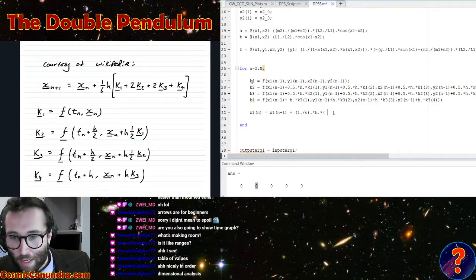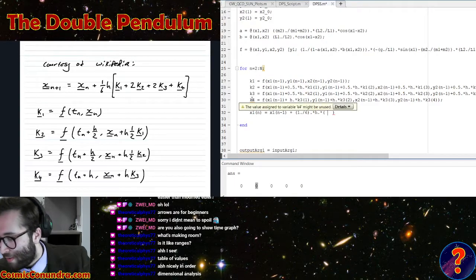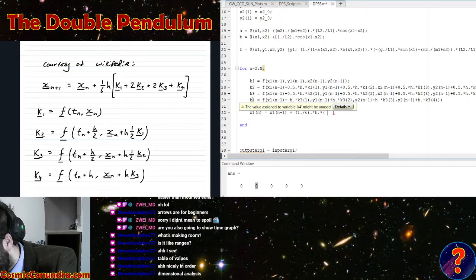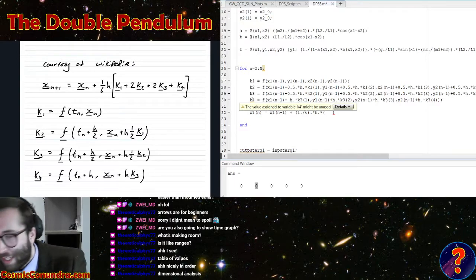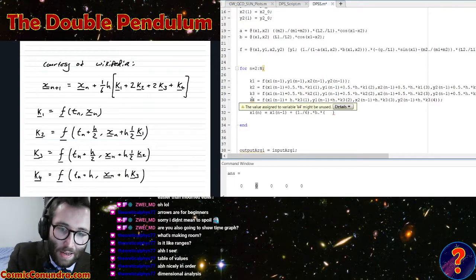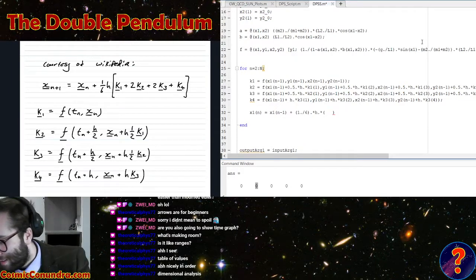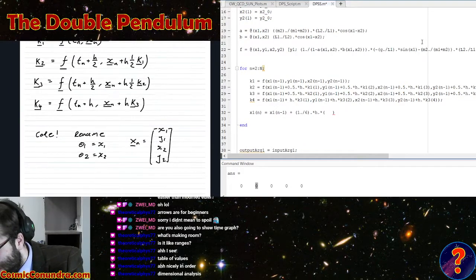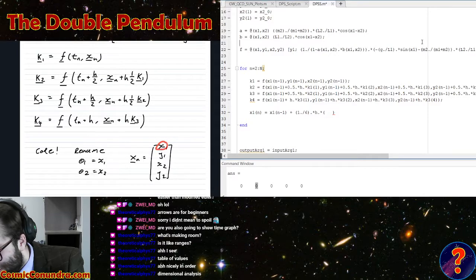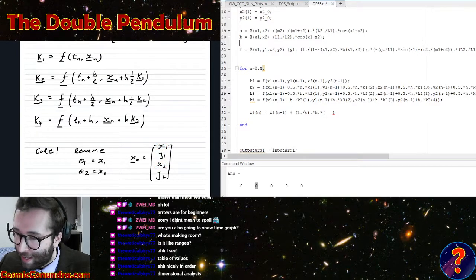So for x1, if you think about it, this vector equation contains within it component equations. Now it's a little confusing because I've used x to mean the vector that contains x1, y1, x2, y2, and I've also used x as this variable here that means θ1 and θ2. So this is a pretty bad choice on my part.